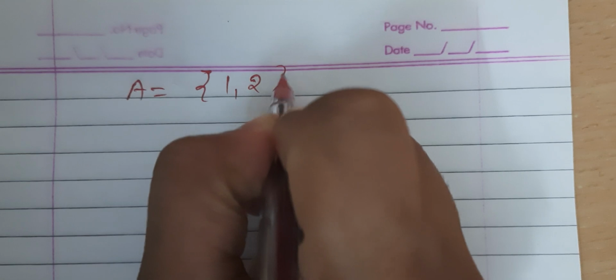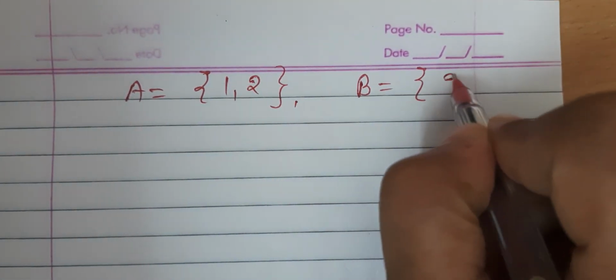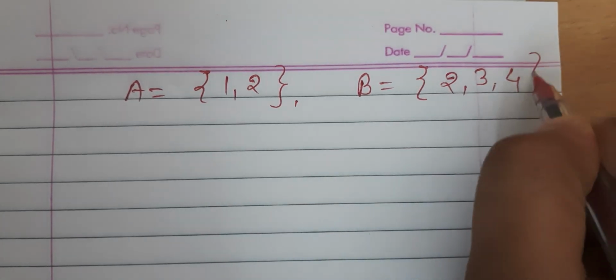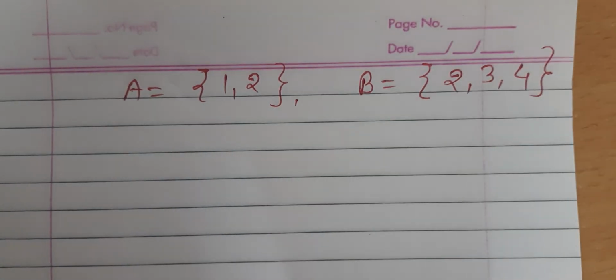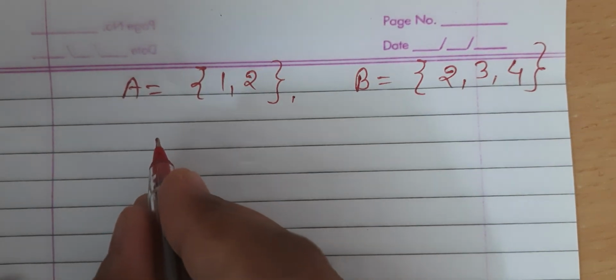We have seen the mathematical definition of relations and the total number of relations. Now let us take this example. We are given two sets. Set A whose elements are 1, 2 and set B whose elements are 2, 3, 4. Then we'll define a relation.